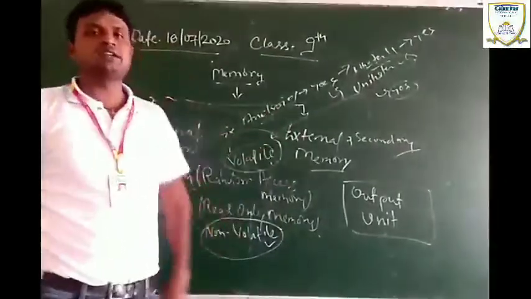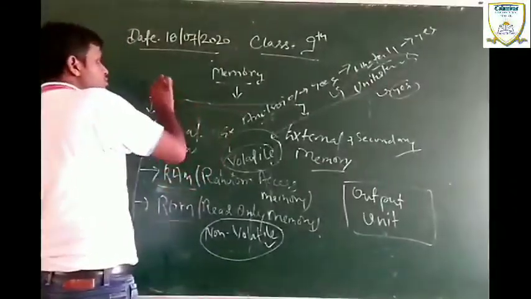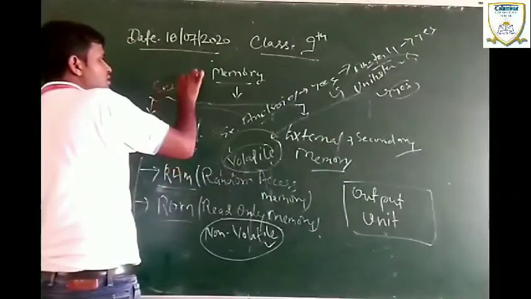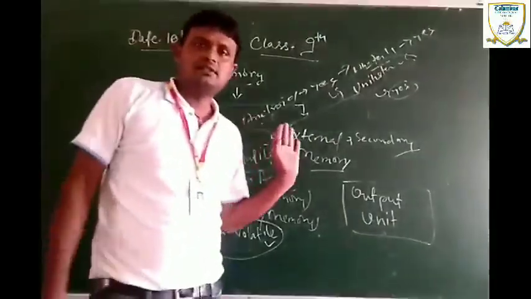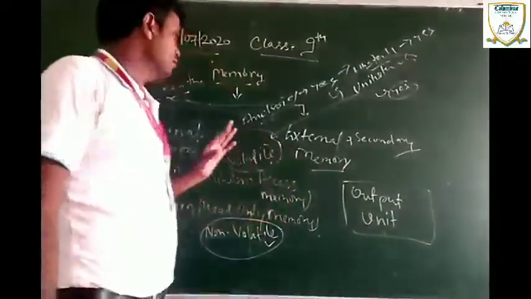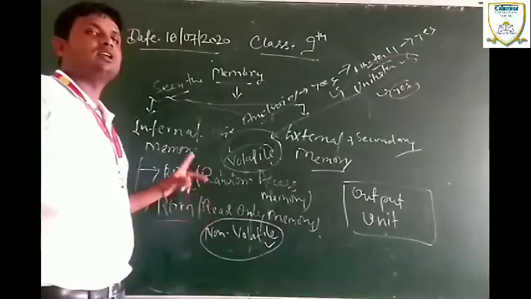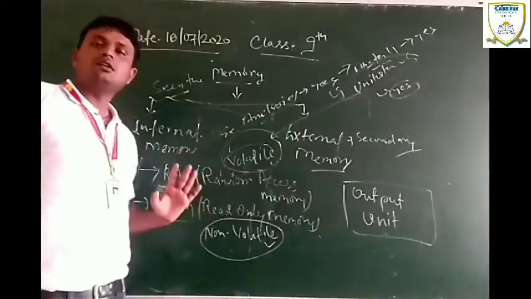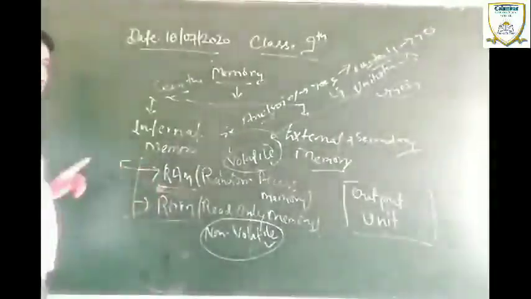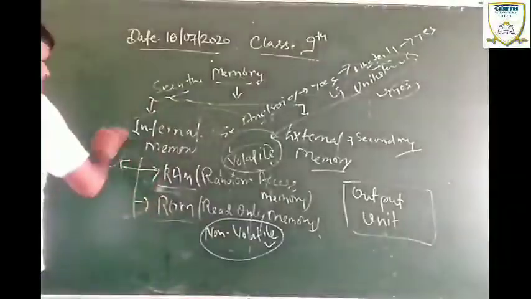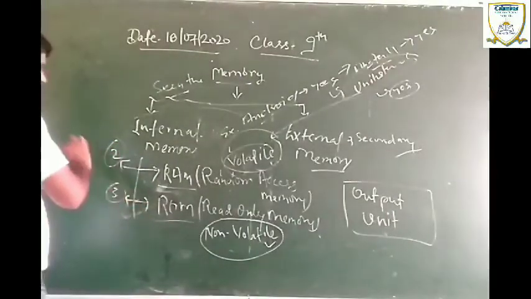And non-volatile means you can only see the records, you are not able to remove them. Okay, so RAM and ROM are clear: RAM, random access memory, and ROM, read only memory. RAM has two parts and ROM has three parts.